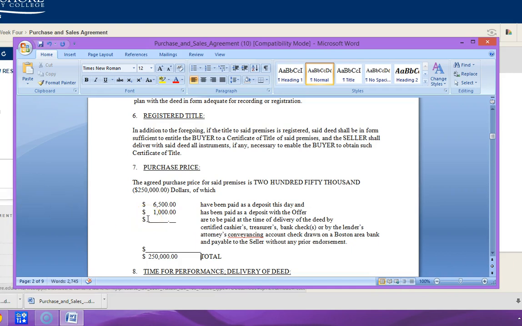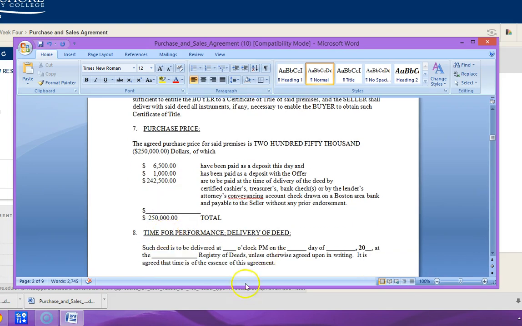So that number is $250,000 take away $7,500 is $242,500, if I did the math correctly. And I usually check it by adding 242,500, 6,500, 1,000, and I get $250,000.